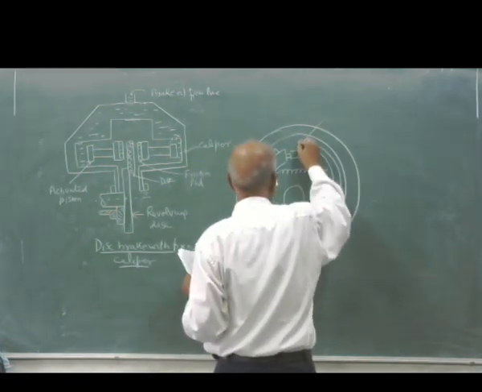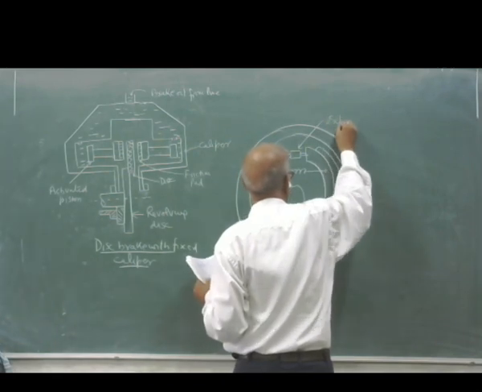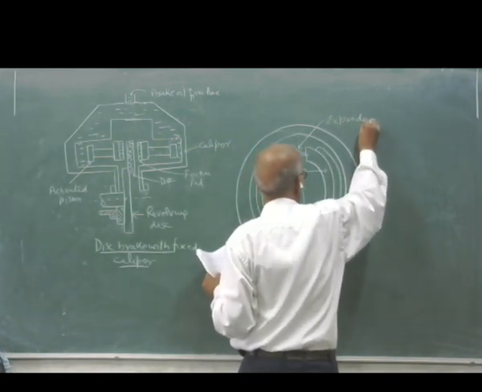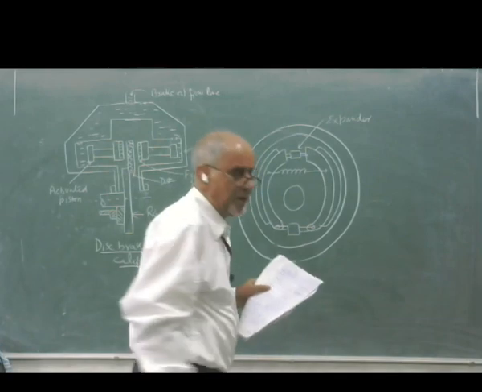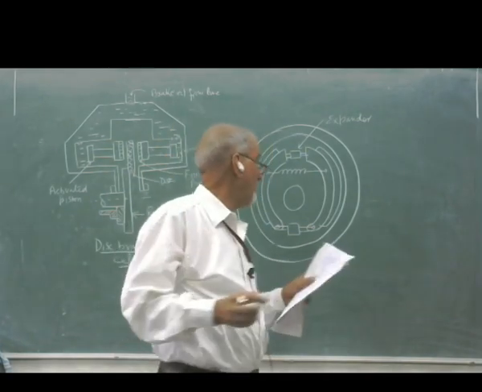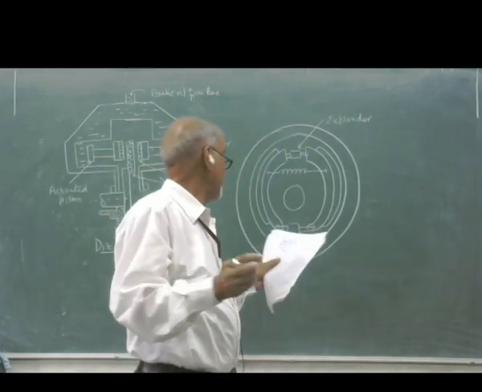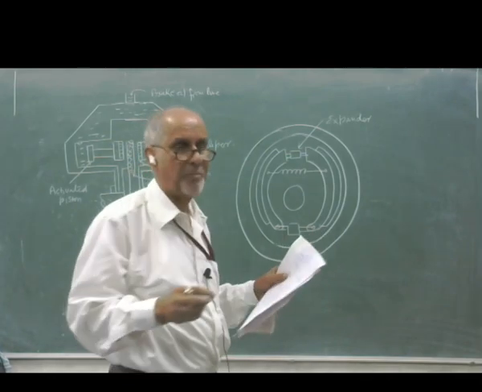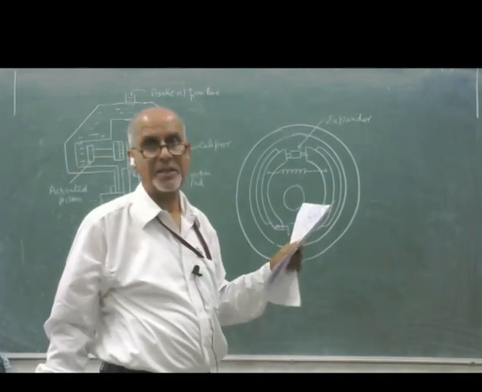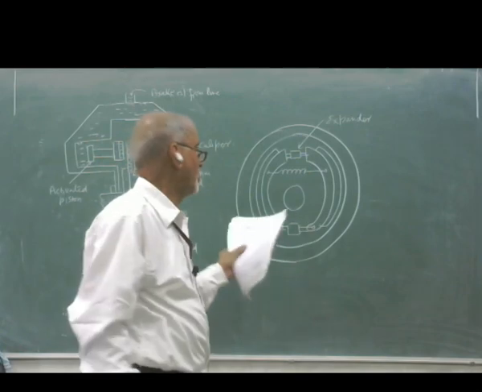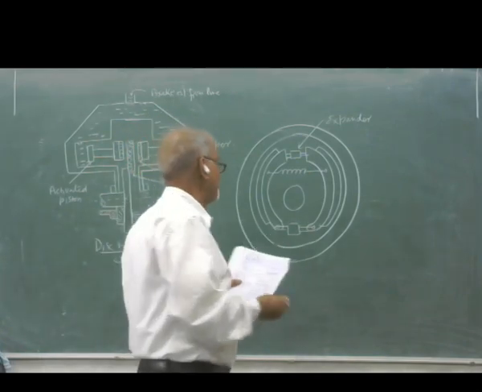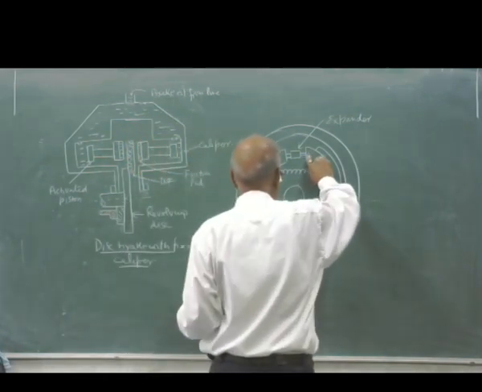This is your expander. The expander may be piston and cylinder type, or cam type. In a mechanical brake you get the cam type, and in a hydraulic brake you get the piston and cylinder, that is, the oil cylinder.